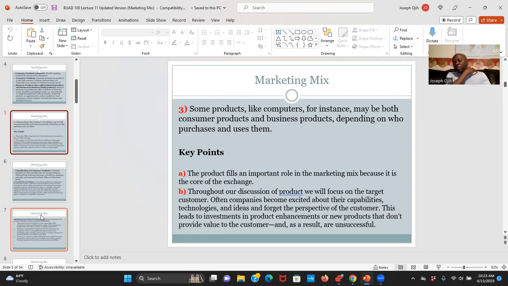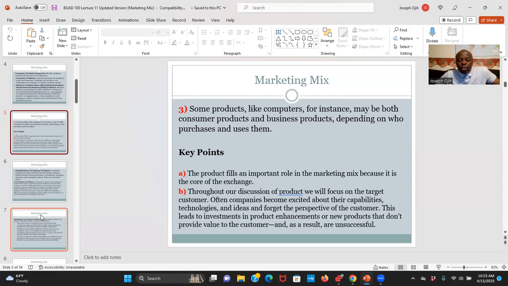The bottom line is that the product fills an important role in the marketing mix because, the best way to put it, products are the core of exchange. So throughout our discussion here, we will focus more on target customers, because if there's no product, and when I say product, I also mean service, then there's nothing to sell.